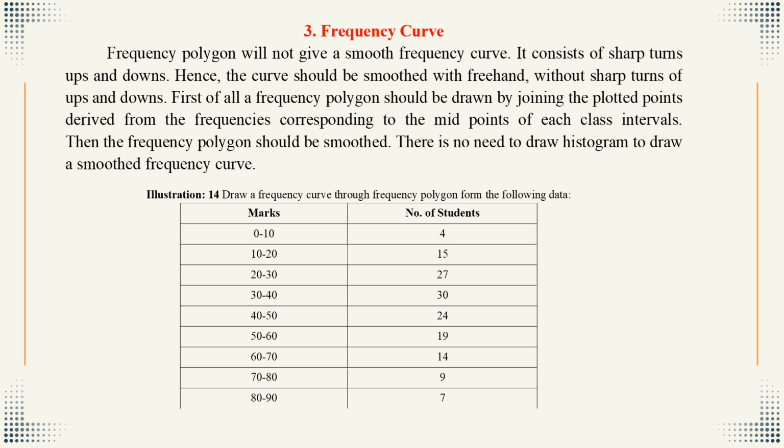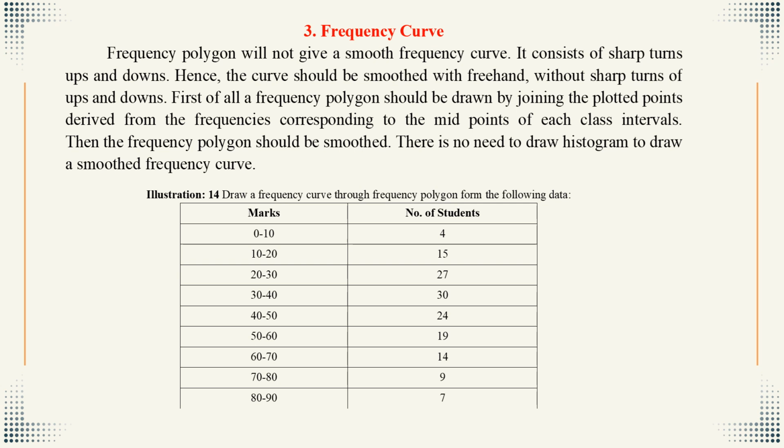First of all, a frequency polygon should be drawn by joining the plotted points derived from the frequencies corresponding to the midpoints of each class interval. Then the frequency polygon should be smoothed. There is no need to draw a histogram to draw a smooth frequency curve.